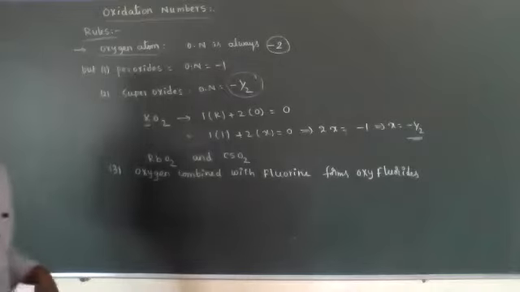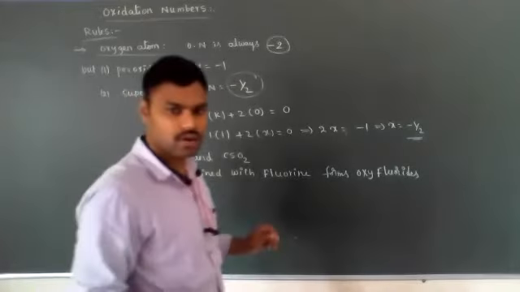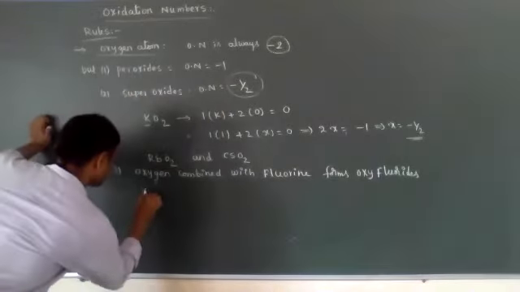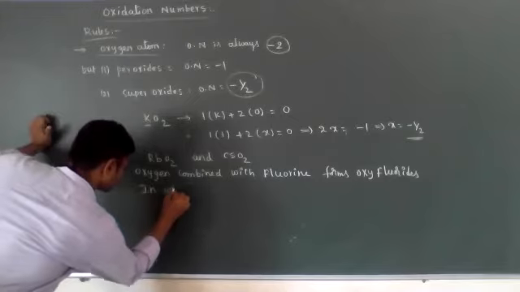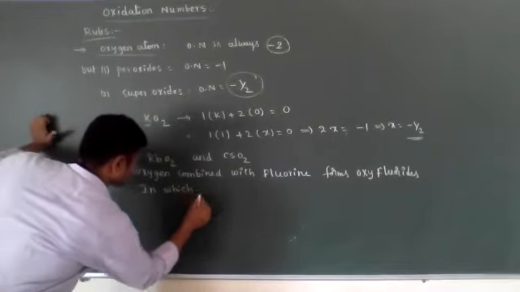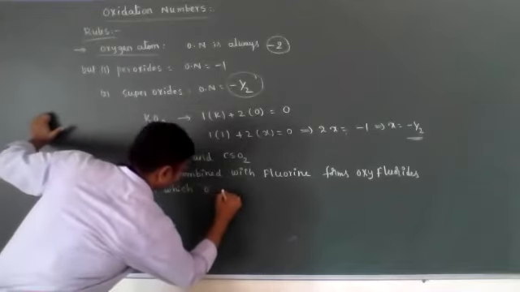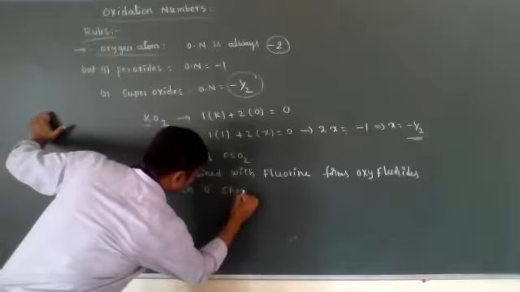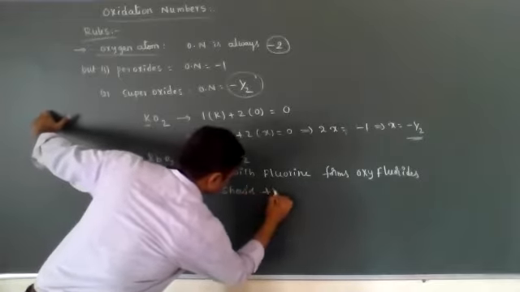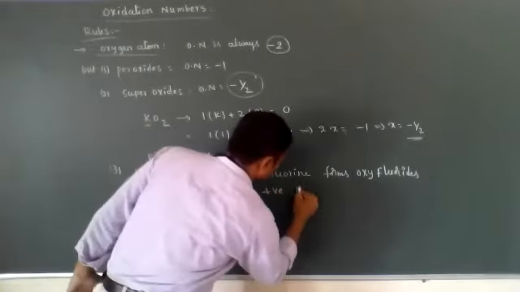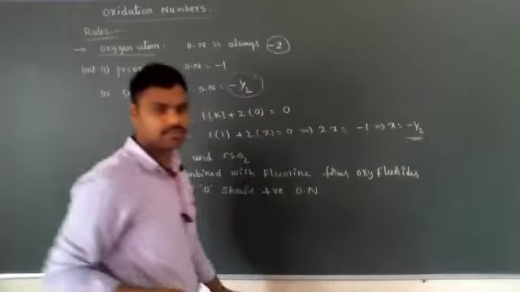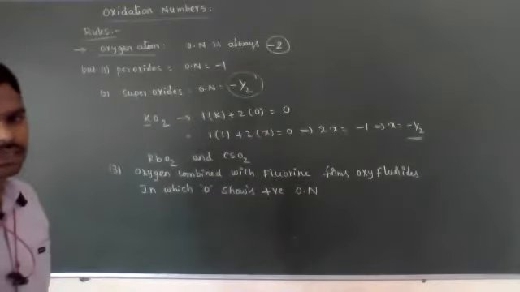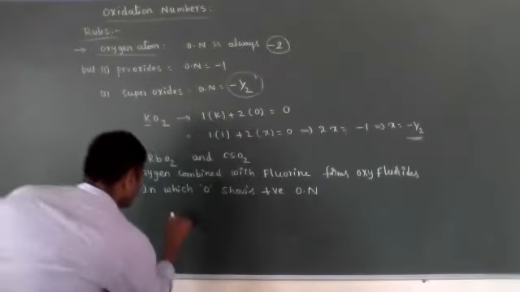So oxygen combined with fluorine atom forms oxyfluorides, in which oxygen atom shows positive oxidation numbers. Oxygen atom shows positive oxidation numbers. See, what are the oxyfluorides? Let's see.